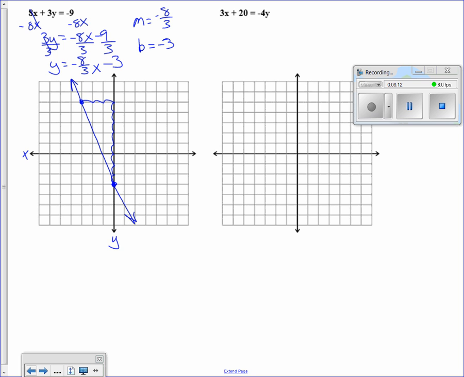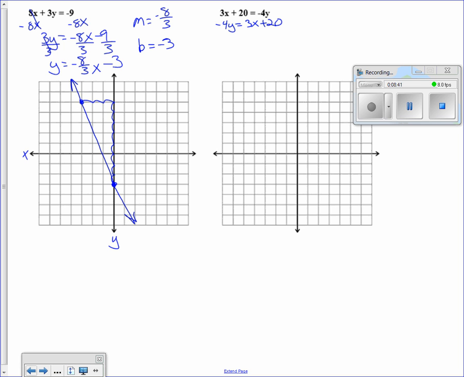All right, on to the last one. 3x plus 20 equals negative 4y. So this one's kind of written backwards. So let's rewrite this. Negative 4y equals 3x plus 20.